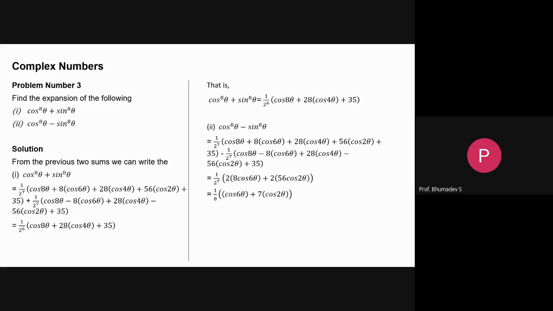So the expansion of cos 8 theta minus sine to the power of 8 theta can be written as 1 upon 8 into cos 6 theta plus 7 into cos 2 theta. So this is all about your expansions of sine to the power of n theta and cos to the power of n theta in terms of cos n theta we have seen.